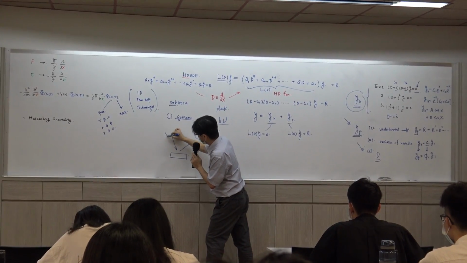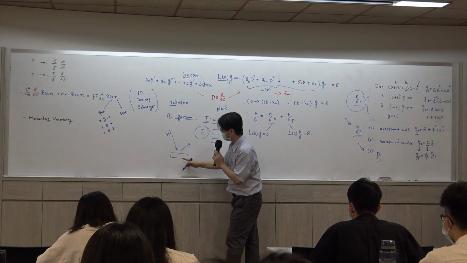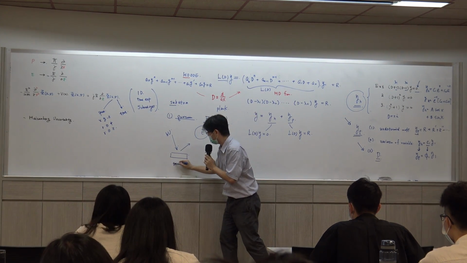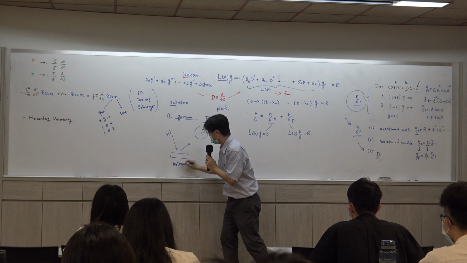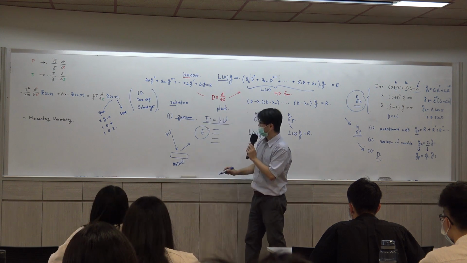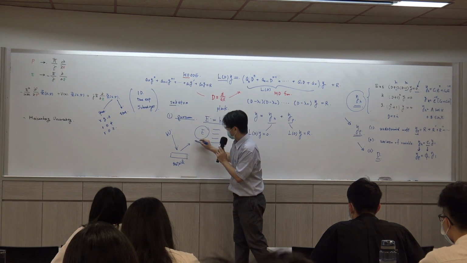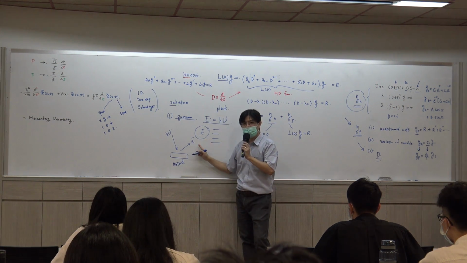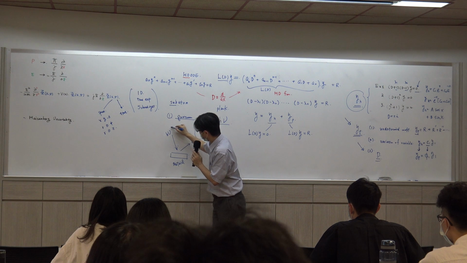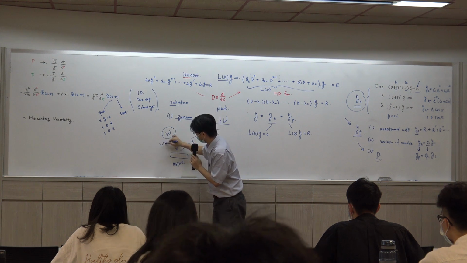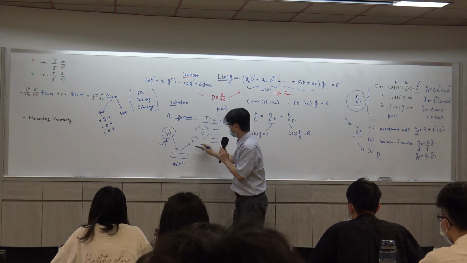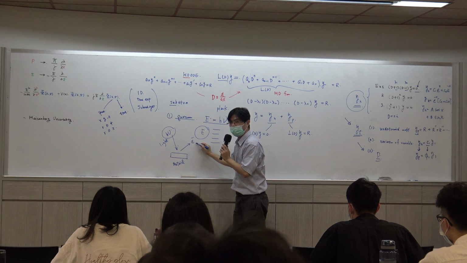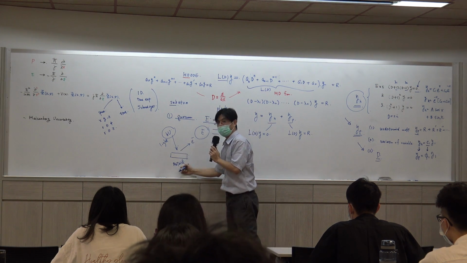If a light beam comes into the material, people will find some electrons come out of the material.